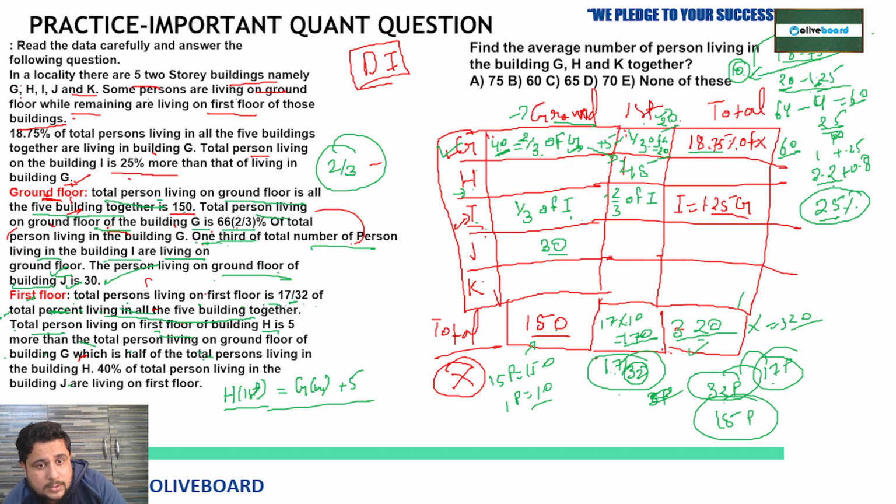Okay. Now after this, read the data carefully. H is 5 more than the total number of persons living on the ground floor of building G. Till this I have captured the data.